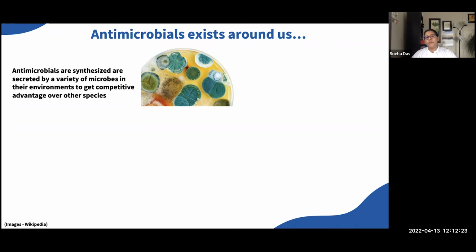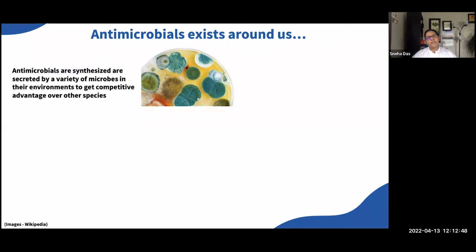An example of this is the mold called penicillium, which is a fungus. It secretes an antimicrobial compound, which we today know as penicillin, that inhibits bacteria. And then we have a bacteria called Streptomyces that secretes what we now know as the antibiotic streptomycin, which inhibits other bacteria.